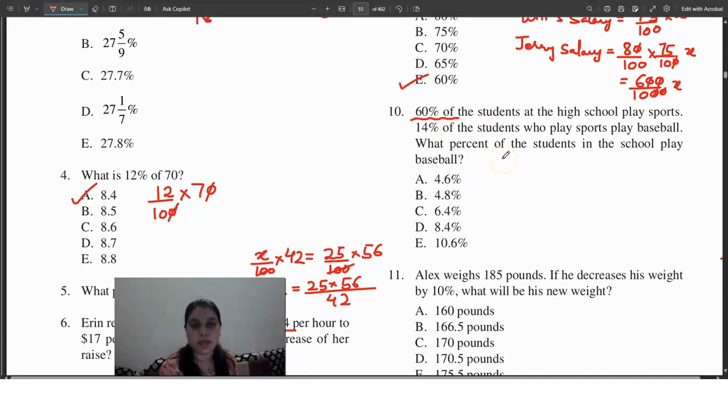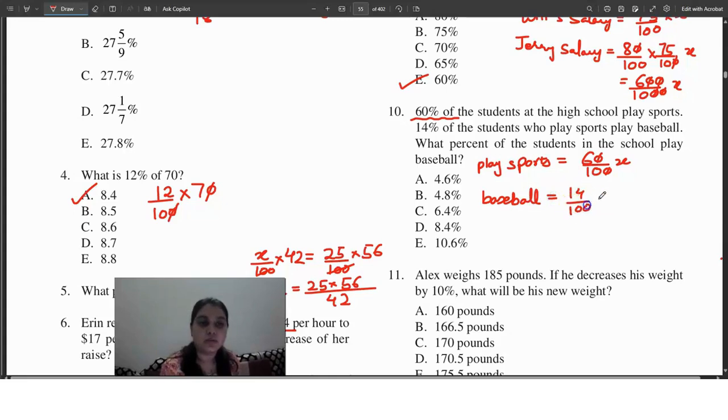So let the total number be X. So we'll find the number of students who play sports. That should be equal to 60% of the total. Then we are going to find how many of them play basketball. So the number of students who play basketball will be 14% of the total students who play sports.